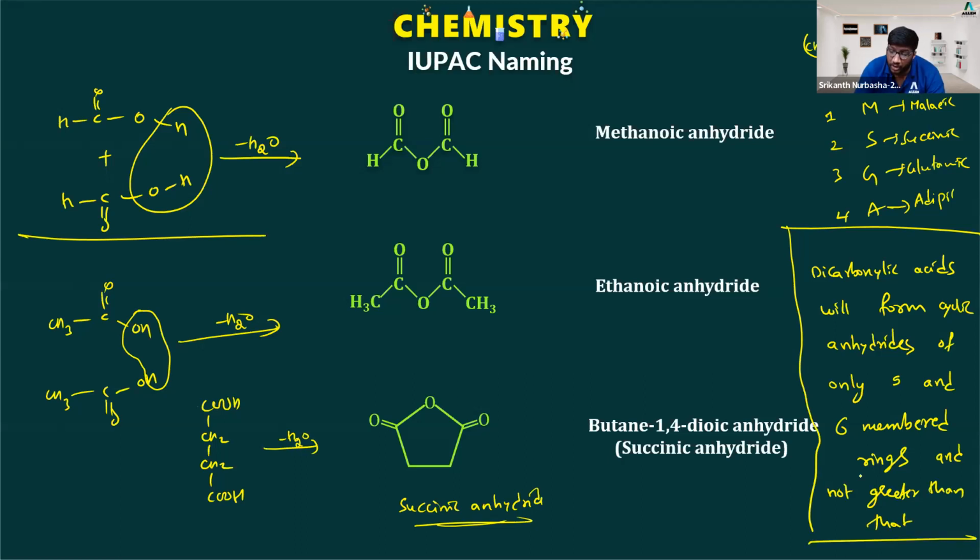A seven-membered cyclic anhydride is not going to be formed. So adipic acid, whenever you treat with heating, will not undergo the loss of water to form a seven-membered cyclic anhydride. So that is not going to be formed.